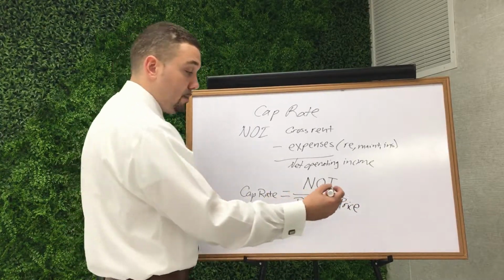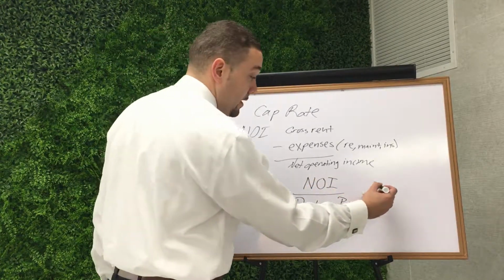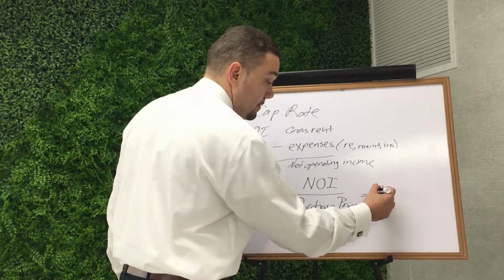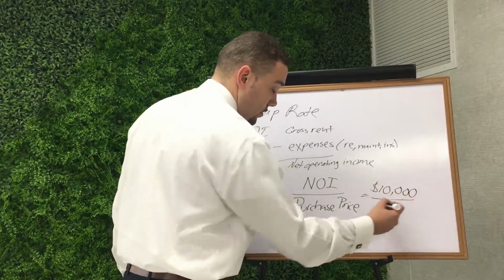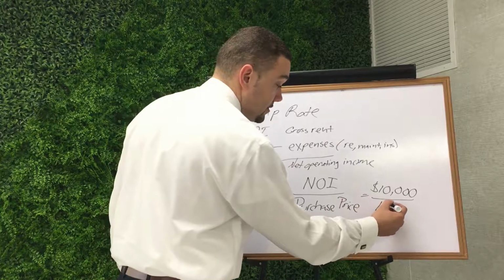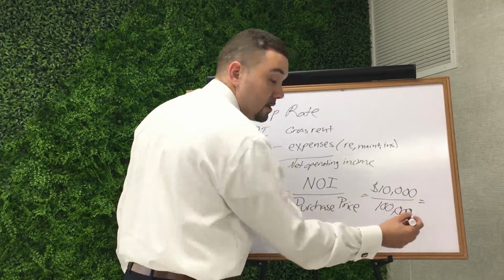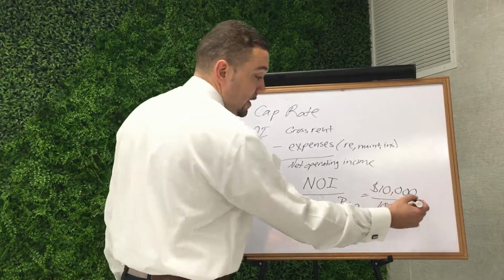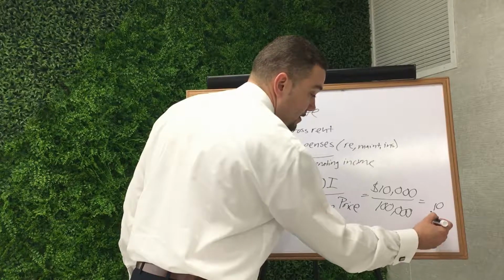So in this example, let us just say that your NOI, the net operating income for the year, is $10,000. Your purchase price was $100,000. So your cap rate would be 0.10 or 10%.